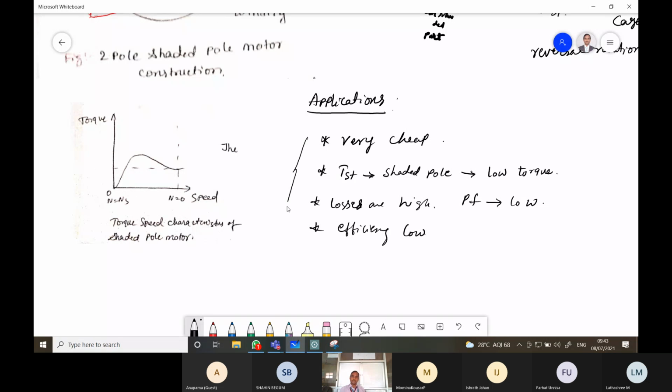Because of these reasons, shaded pole motors are built only for small size, small power rating, in the order of 40 watt or less than 40 watt.